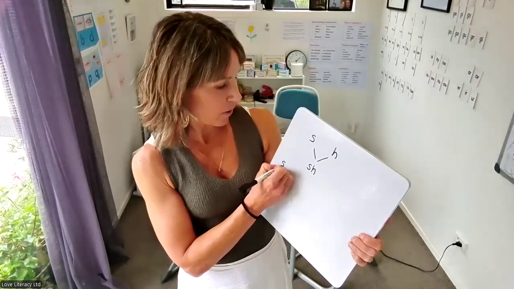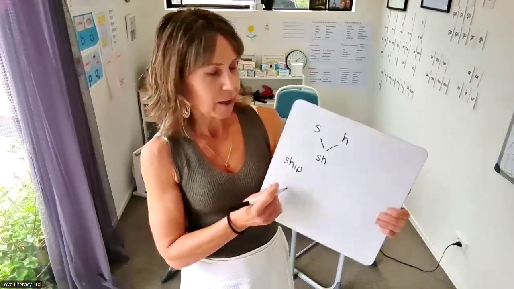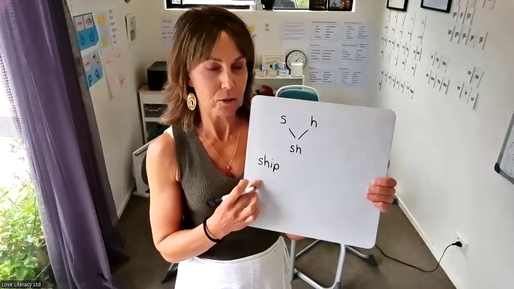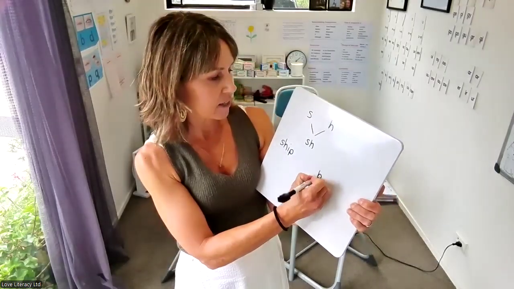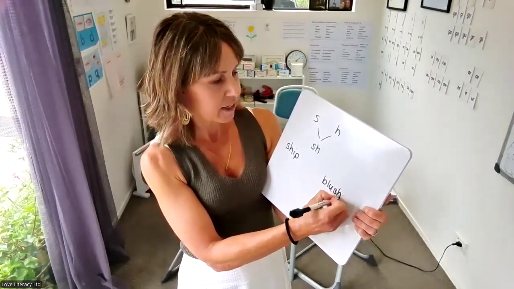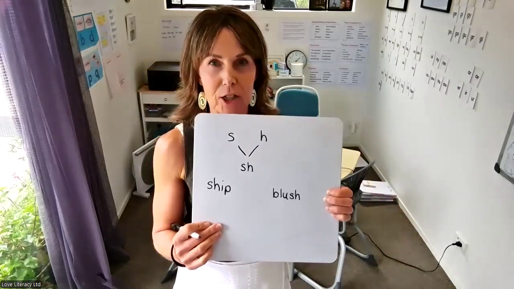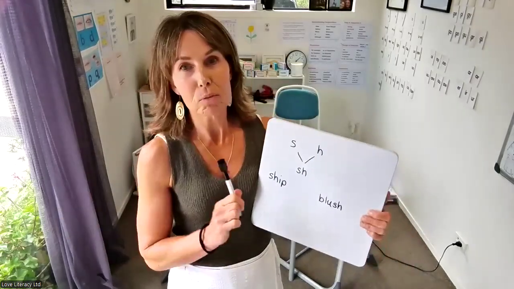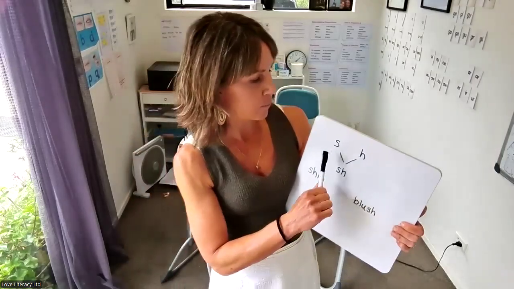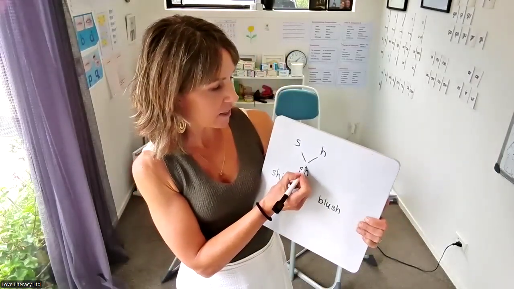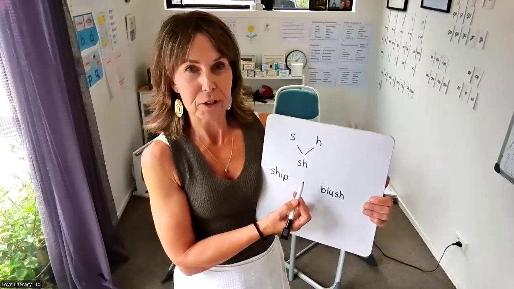Now, sh can be found at the beginning of a word, as in the word ship, and at the end of a word, as in the word blush. And when I'm teaching it, I will always just remind students of how these letters come together to form a new sound.